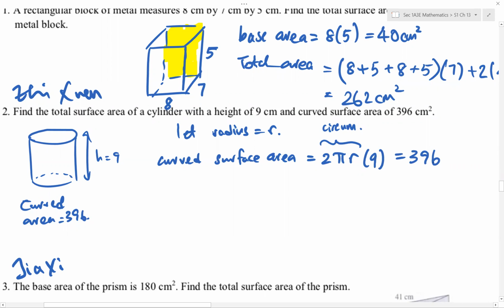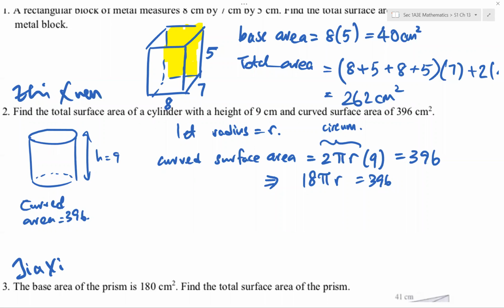My objective, same as Zixuan, is to find the radius, R. When I have written it this way, I can simplify it to become 18 pi r equals 396. And this is where the algebra comes in. Zixuan, 18 pi r equals 396. Do you agree so far?